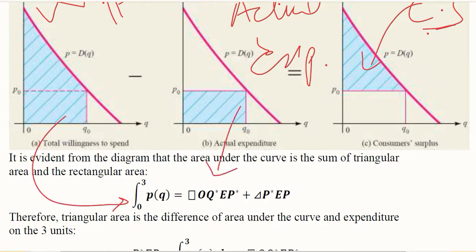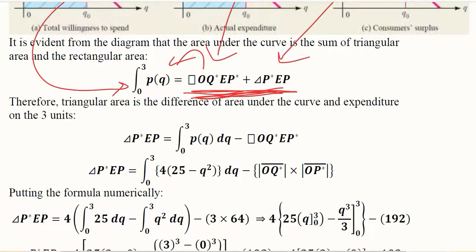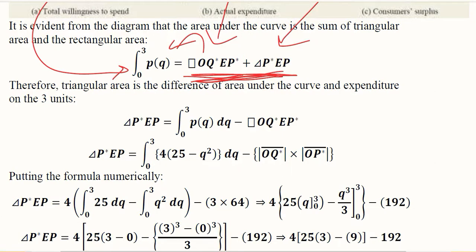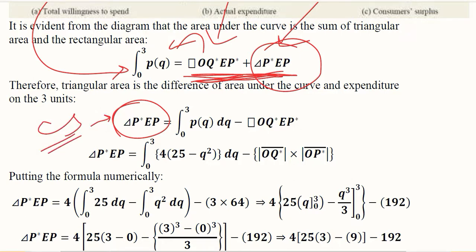This is the actual expenditure, and this is the triangle, because the sum of these two is equal to the integral or the overall area that we have. Now we can rearrange it, because we are in search of this value, that is the triangle, which is the consumer surplus. So we rearranged it, and we got this.